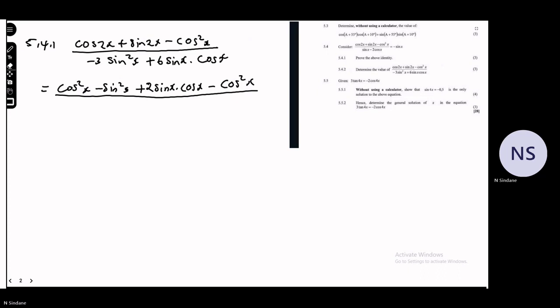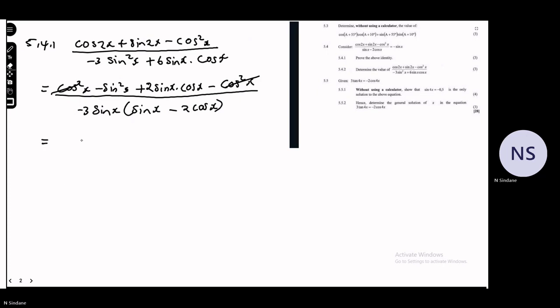here we can see that negative 3 sine x is our like term, so we can just take it out, negative 3 sine x. Then we'll be left with sine x minus 2 cos x. And then this guy and this guy will cancel each other because the other one is positive, the other one is negative.